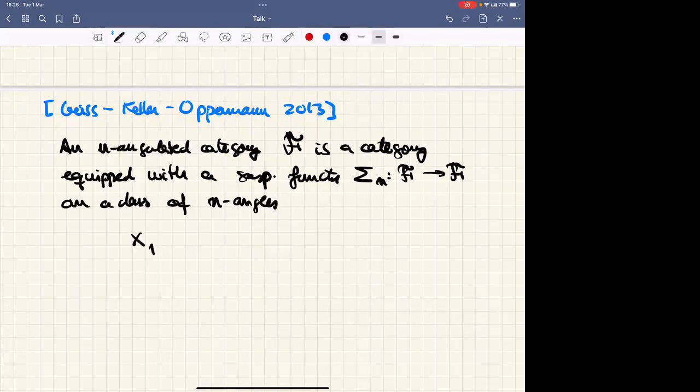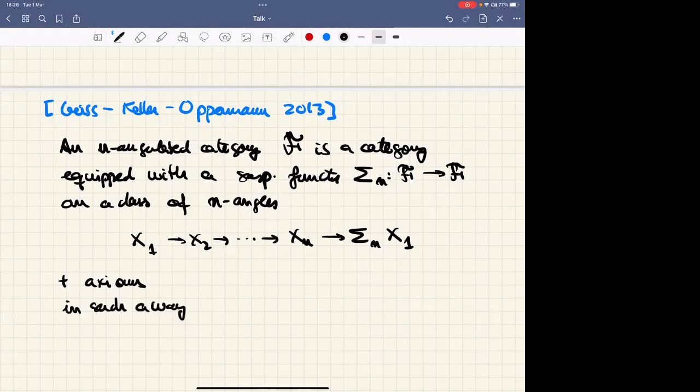So we have x1, x2, up to xn, and then the suspension of the very first one, satisfying some axioms in such a way that we recover triangulated categories for n equals 3. Okay.